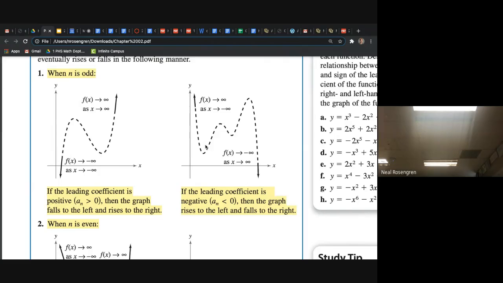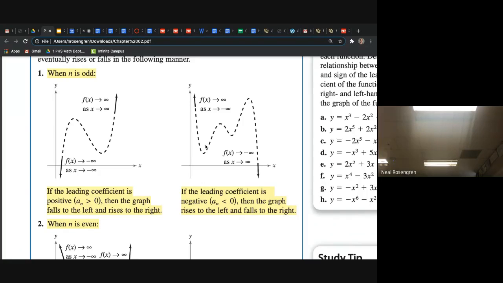So option number one, degree. Option number two, the sign of a sub n, your leading coefficient. You've got two options for degree.